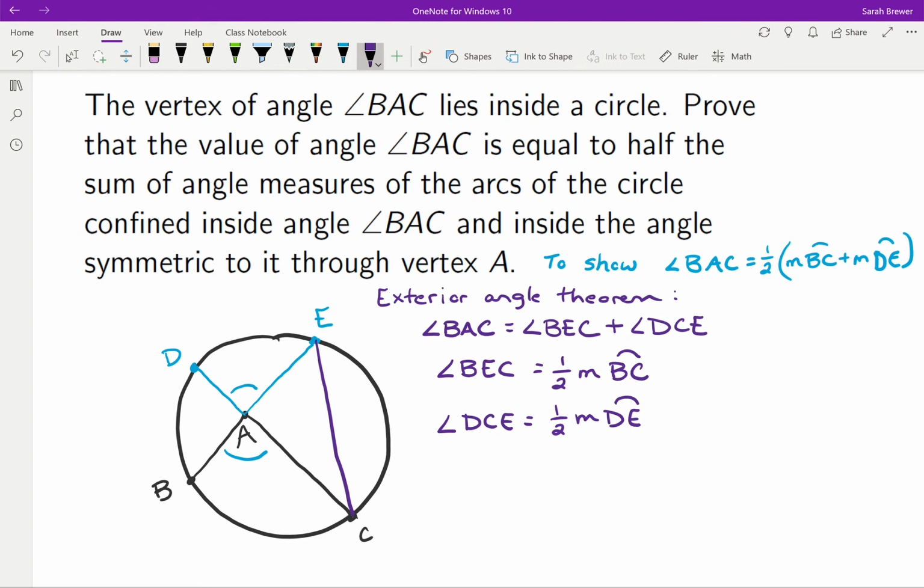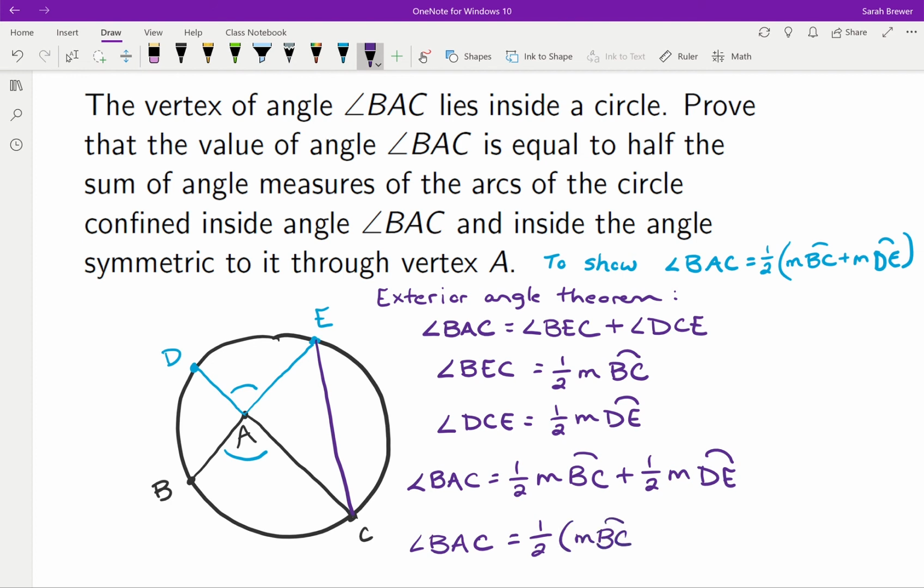And so combining these and substituting, we can now say that angle BAC is half the measure of arc BC plus half the measure of arc DE, and factoring out a half, I get that the measure of angle BAC is half the sum of its two intercepted arcs, so BC plus DE.